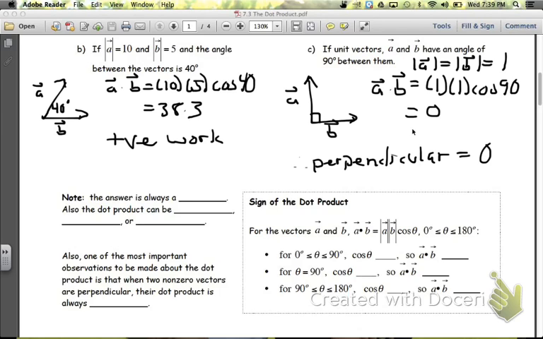Note here, the answer is always a scalar, and the dot product can be positive, negative, or 0. We looked at 3 different examples of that.